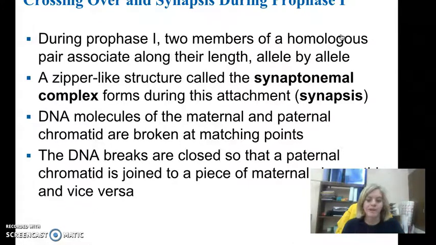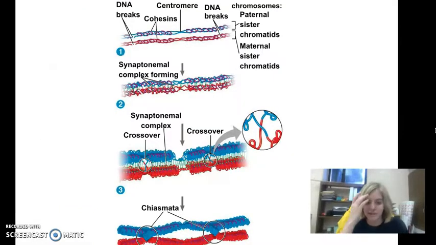And then through a process called synapsis, the DNA molecules of the maternal and paternal chromatids are broken at the exact matching point, and then the DNA breaks get closed so that the paternal piece joins to the maternal piece and vice versa.